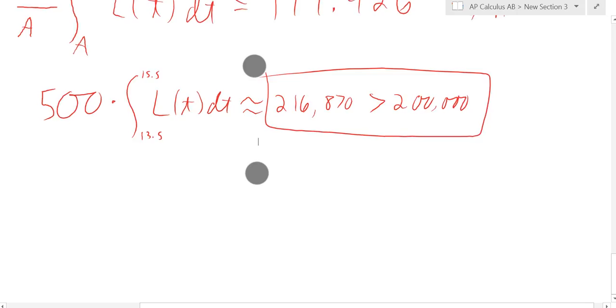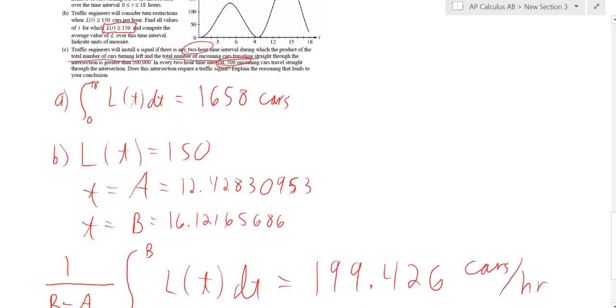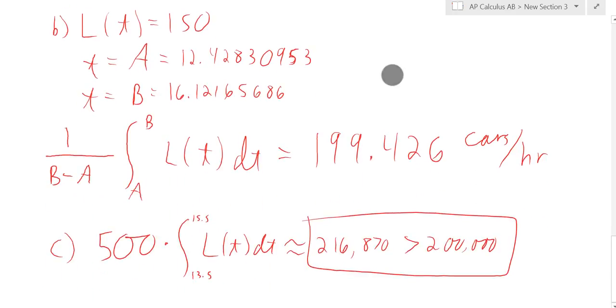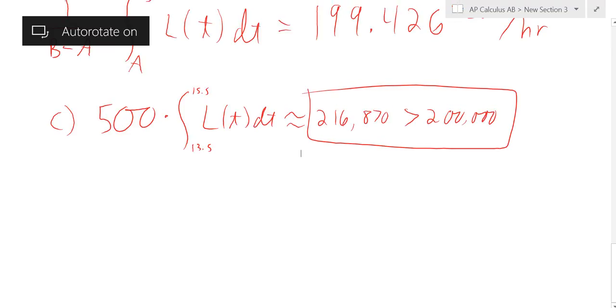So then, always, if they ask you a question, answer with a sentence if it's a yes or no question. Does the intersection require a traffic light? Well, it says explain your reasoning. We just did that. We just explained what we're doing. We did 500 times the number of cars turning left. It was greater than 200,000. Cool. So we're just going to write a little sentence explaining that.